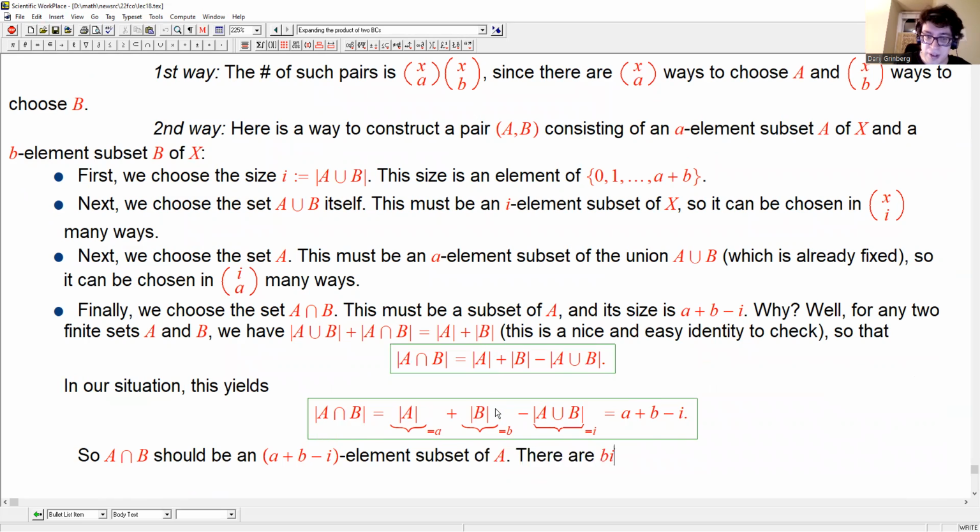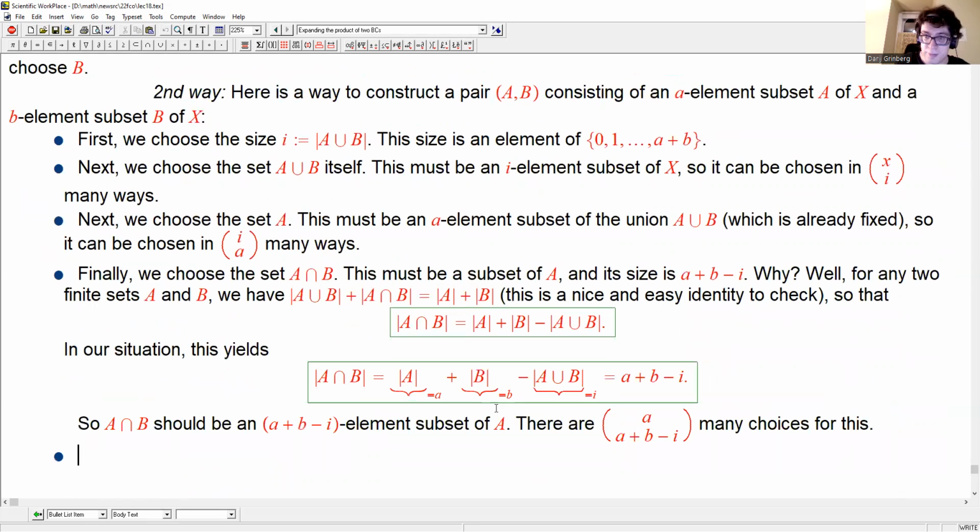There are how many choices for this? Well, a choose (a plus b minus i) options for choosing such a subset.